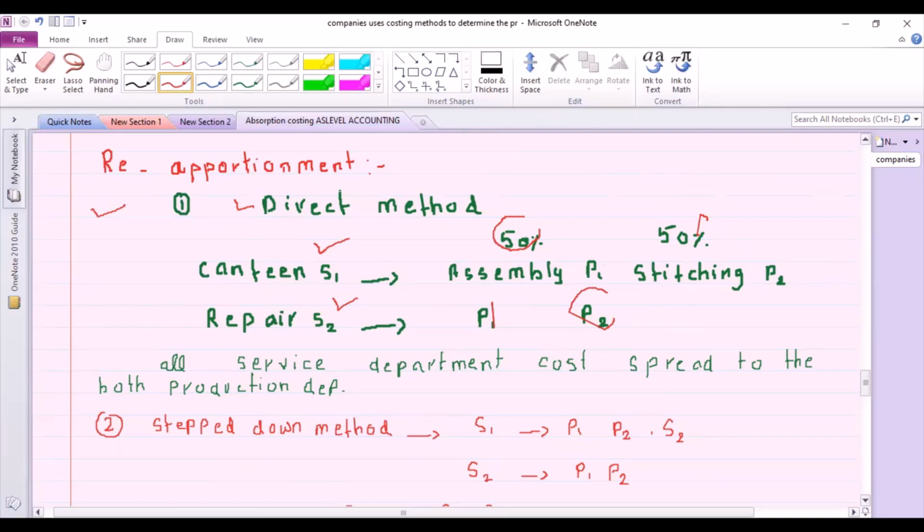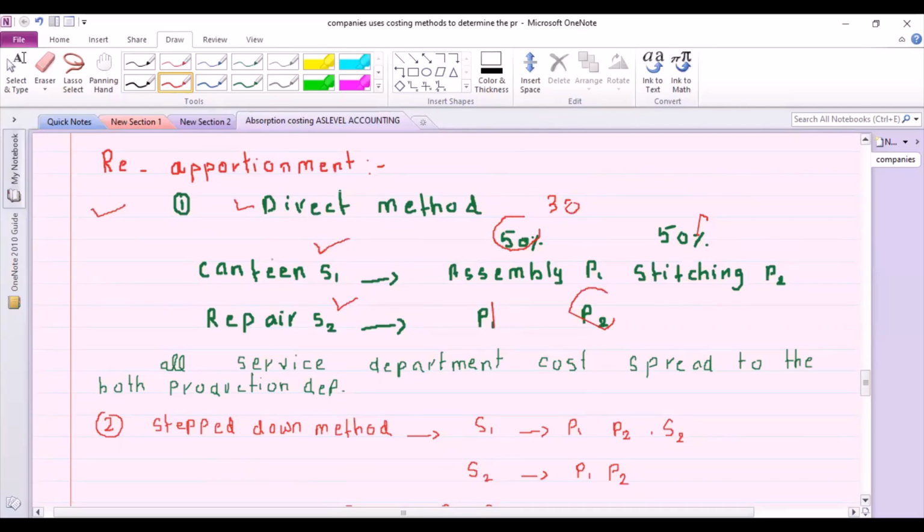The percentage could change. It doesn't mean that it will always be the case that you have to divide 50% in each and every production department. Maybe the examiner would say 30% to the P1 department.